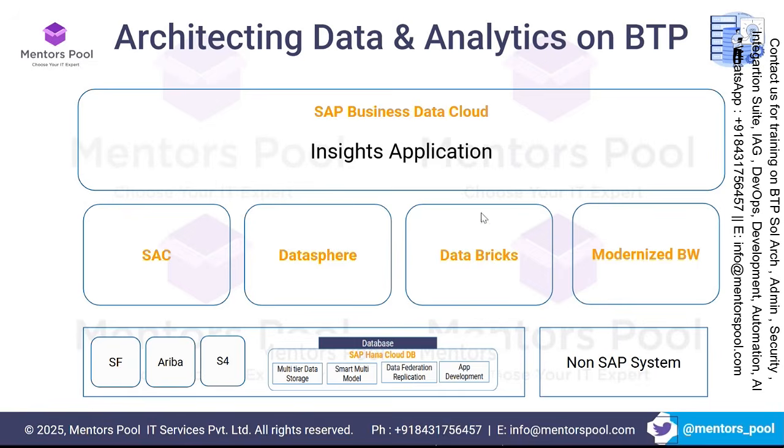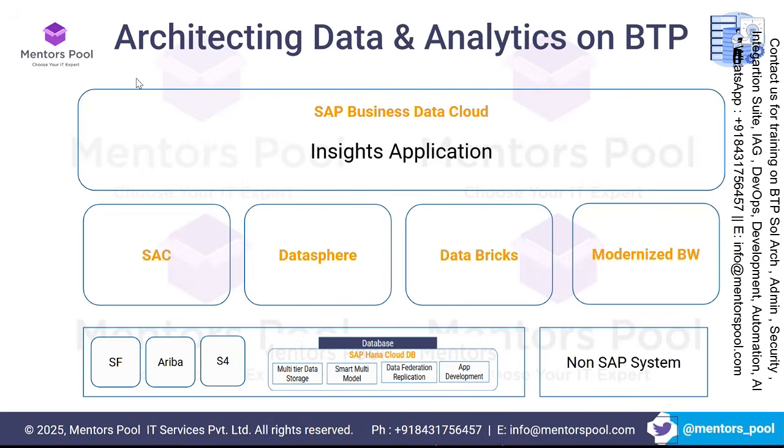So guys, now there is a new tool launched approximately 7 to 8 weeks back, which is called Business Data Cloud. It is creating a layer on top of it, which has a lot of apps, and these apps are relevant to business. Previously we had separate tools, and now they are all added in one bundle, so business people will see this very easily. Now they don't need to log in to Datasphere as a business builder.